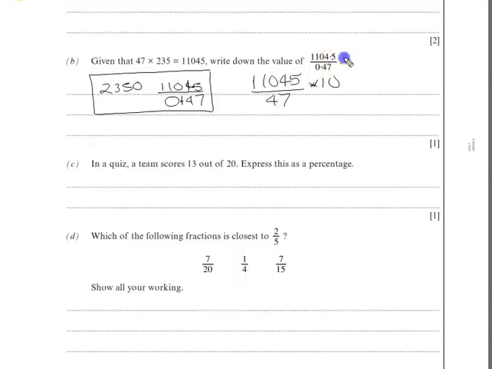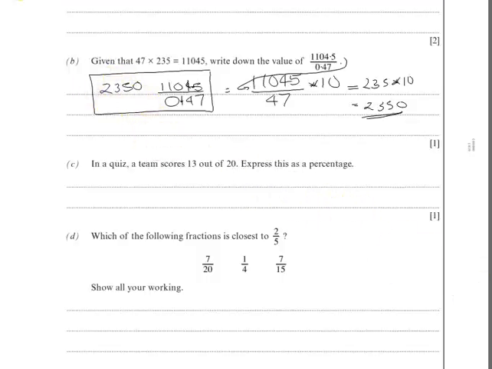So this thing here equals that times 10, which equals, and then you can replace this thing because you know that over 47 is 235. So it'd be 235 times 10, which equals 2350. There we are. So I know I've done it long-windedly, but I did it that way first. So you do it one way round, or you can do it the other way around. So you can take your choice. Yeah? Okay, that's B done then.